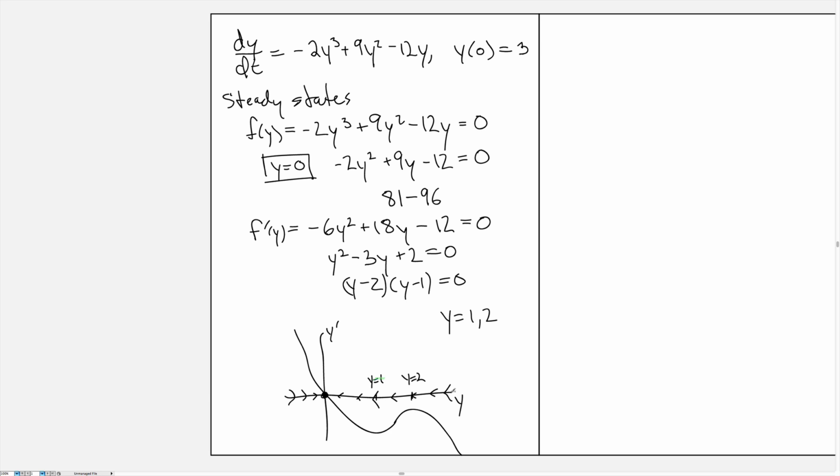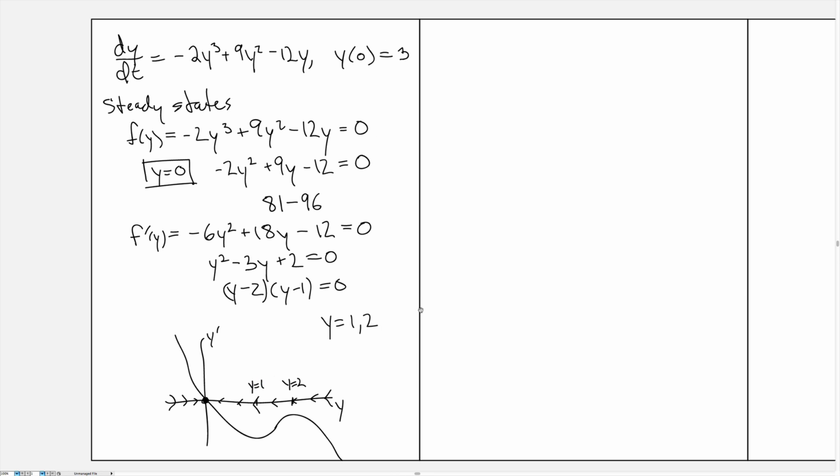So we're starting off at y equal 3 with our initial condition, so that means we're all the way out here. So in words, what does that mean the solution will be doing? So it'll decrease.